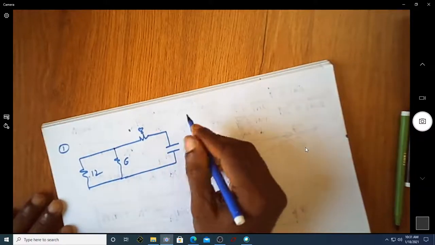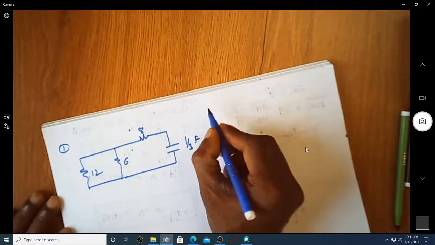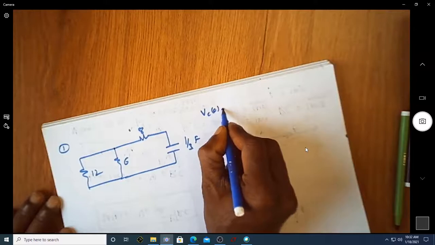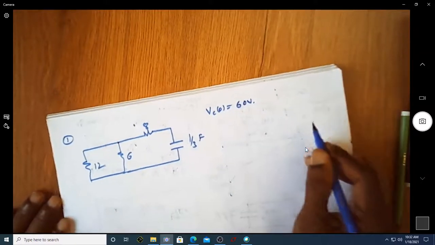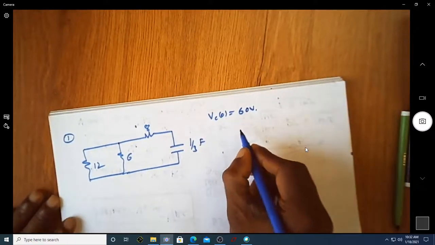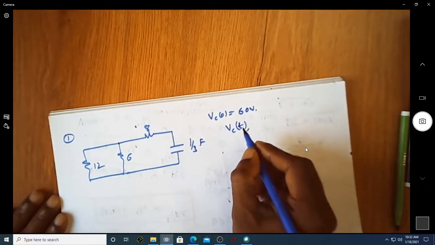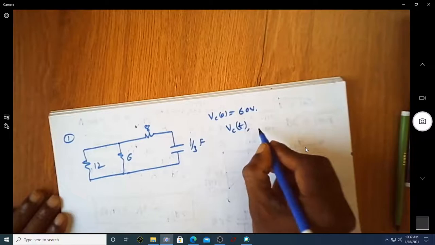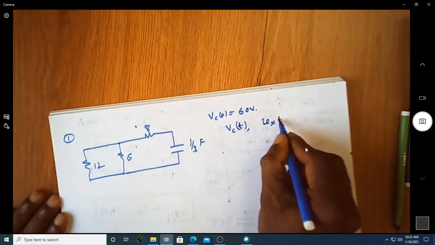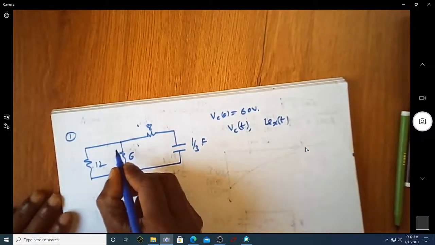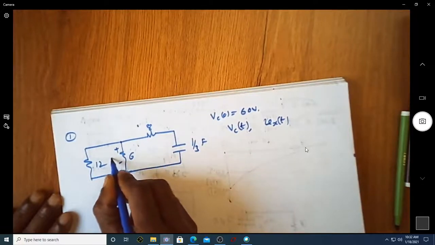What is asked here is, VC of 0 is given as 60 volt. We are asked to find out what is the voltage of the capacitor with respect to time, that is VC of t, and what is Vx of t, where Vx is the voltage across this 6 ohm resistor.